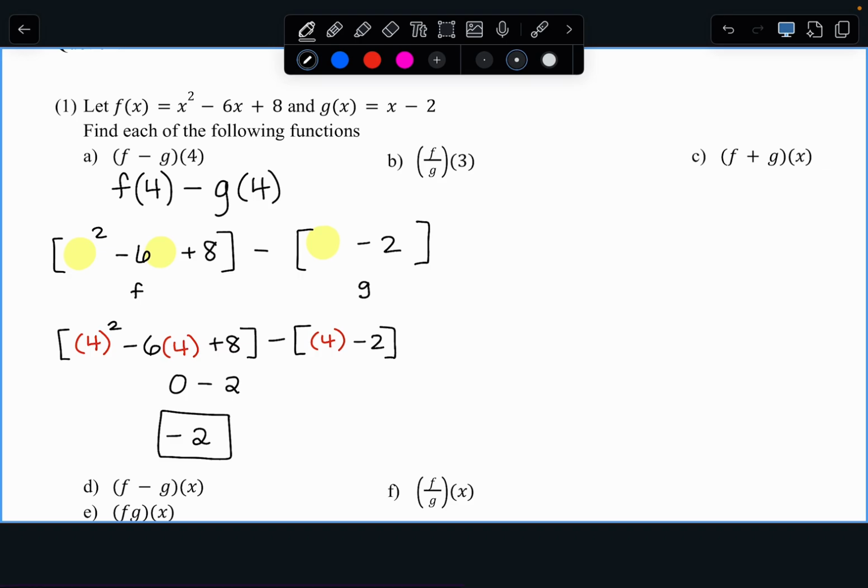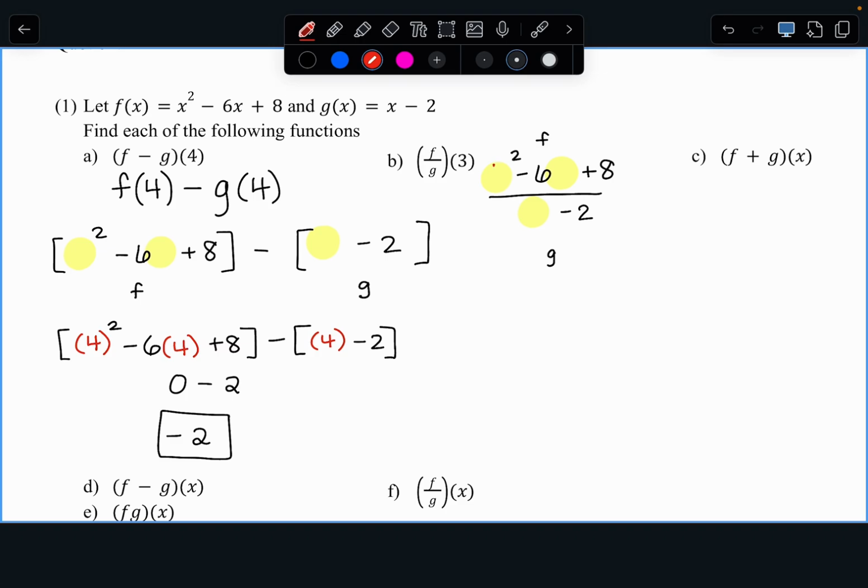F divided by g of 3. This is letter B. This just means take your function f, and we're going to divide it by the function g. So I'm going to try to do this in one step. So we've got stuff squared minus 6 times stuff plus 8, and g is stuff minus 2.